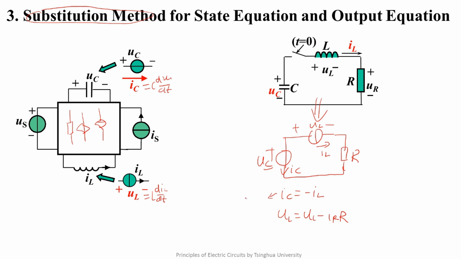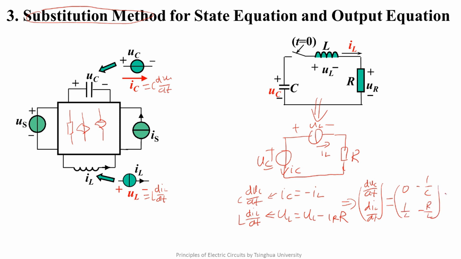So we can further write IC equals C times duc over dt and UL equals L times dil over dt. So we can arrange it in the form of duc over dt, dil over dt equals the matrix with entries 0, minus 1 over C, 1 over L, minus R over L, times UC, IL. So we complete the listing of the whole state equation.